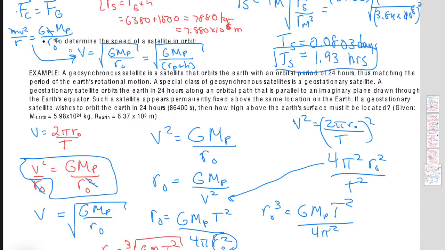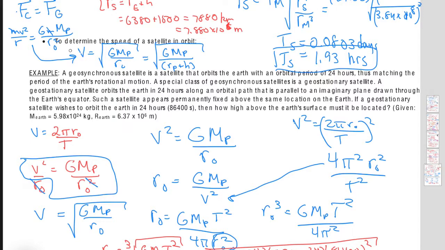I take the cube root of 6.67 times 10 to the negative 11th, times the mass of the planet, which is the Earth, 5.98 times 10 to the 24th, times the period. We want a 1 day period, so it's 86,400 squared, divided by 4 pi squared. This gives me the orbital radius, not my answer, which means I then have to subtract out the radius of the Earth.